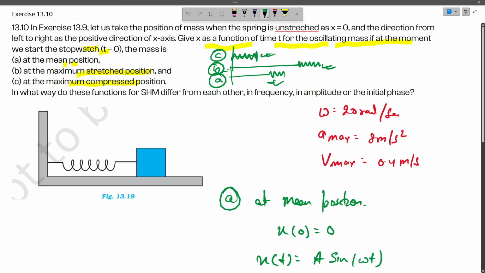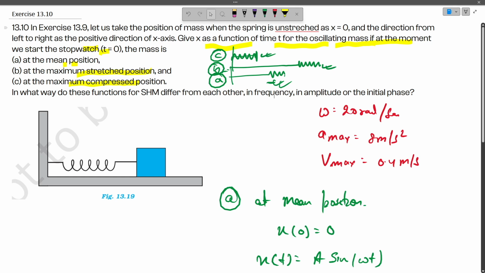These three are the initial conditions: the particle at t equals 0 is at the mean position, at the maximum amplitude position or the stressed position, and at minus amplitude position, the maximum position far away from the mean position in the opposite direction. So we have to find the equation of motion.